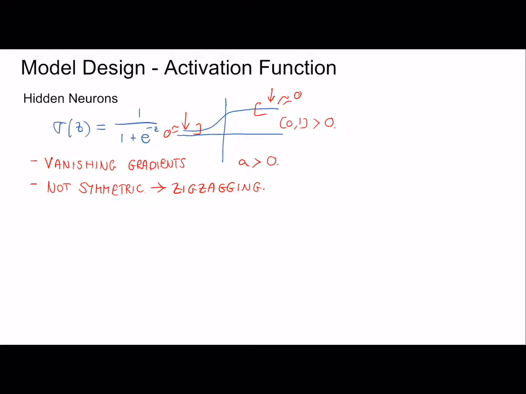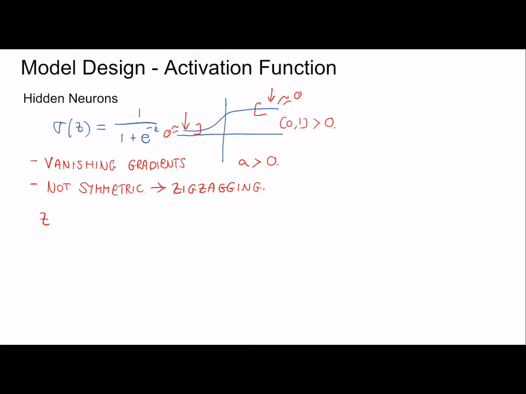And essentially what that means is that if I have my function, I cannot actually move in a different direction for every one of the different weights. Let me show you what I mean.